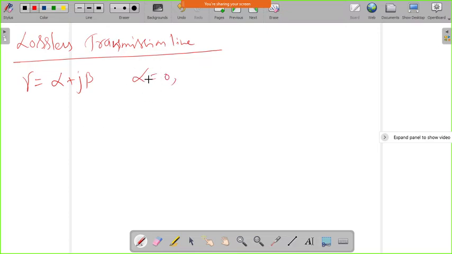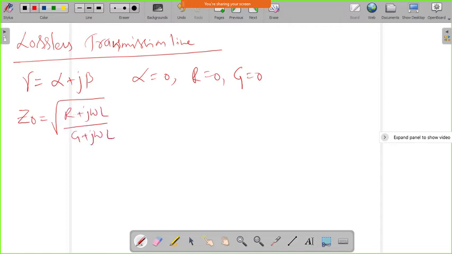Alpha equal to 0 means the resistance part in the distributed analysis is equal to 0 and the shunt conductance is equal to 0. Now we have Z0 equal to square root of (r plus j omega L) divided by (g plus j omega c). So r and g will go to 0 and this will give root of L by c.